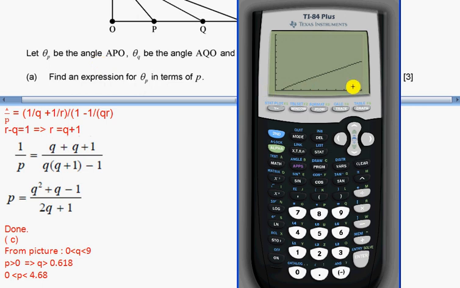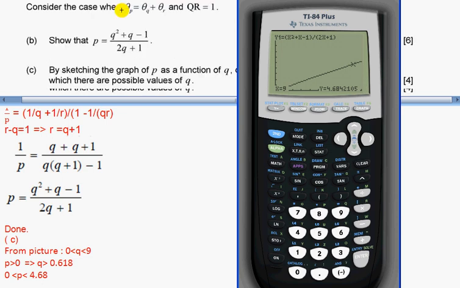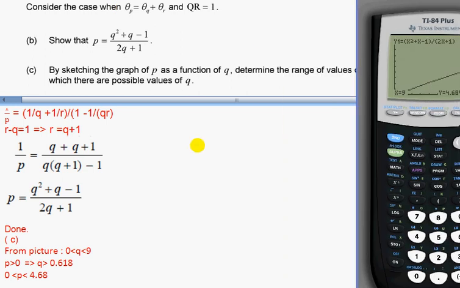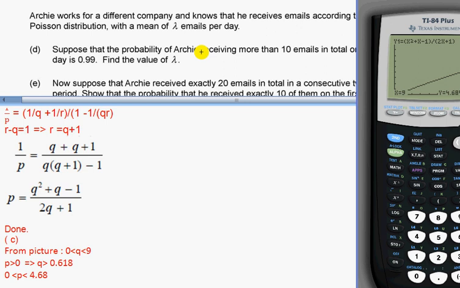So paper is over, but I want to return to the question that I couldn't do, so let's repeat this question. I don't know what is the reason. This was about Poisson. Question D. Inverse Poisson.